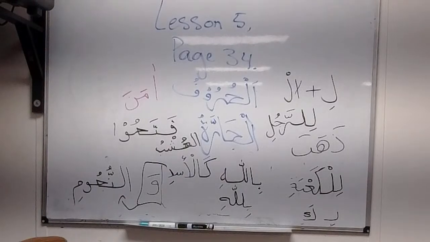So this is an example of what we call a complex verb. Complex verbs are fun, mashallah. That's one of the funnest things to learn about Arabic. But you can't get there unless you master regular verbs.